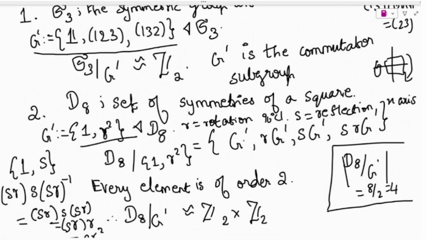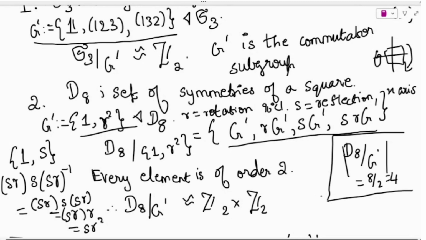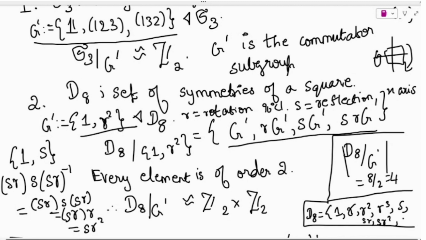So if we take the quotient, then we will get this group. Why do we get this group? For this I need to list out the elements. Give me a second. D8 has 1, R, R square, R cube, S, SR, SR square, and SR cube.